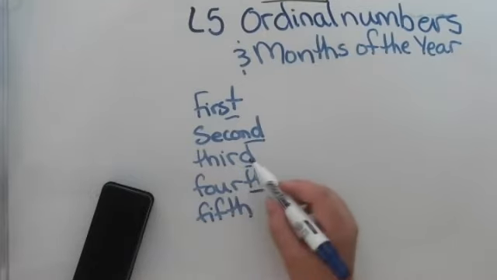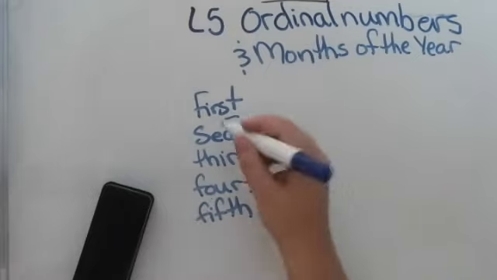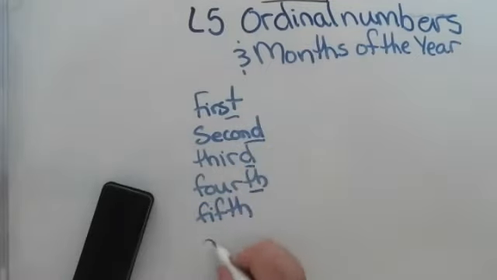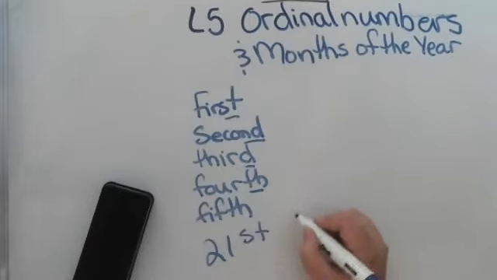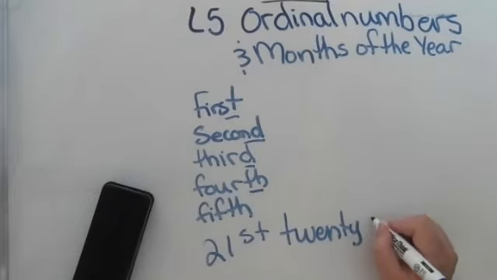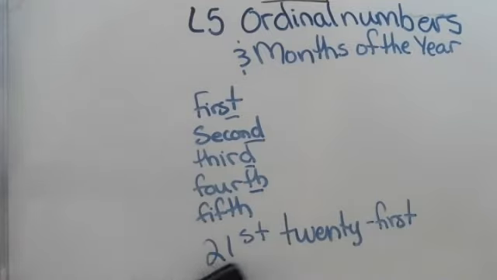Fourth, third, second place, first place, fifth place, 21st, okay, and you'd write that like this, 21st place, okay? So it's not 21, it's 21st.